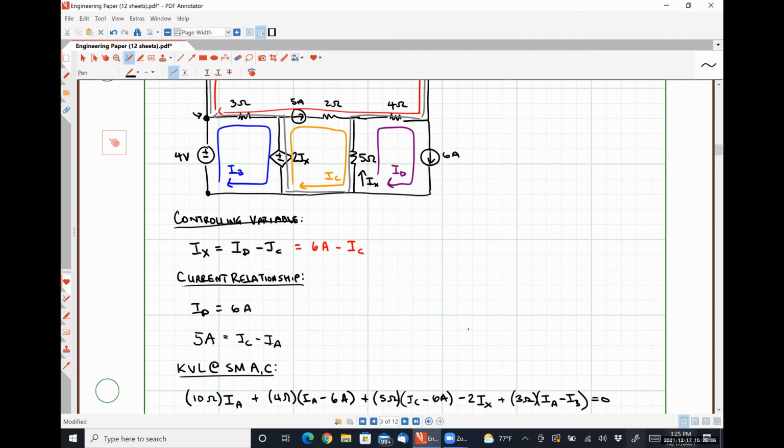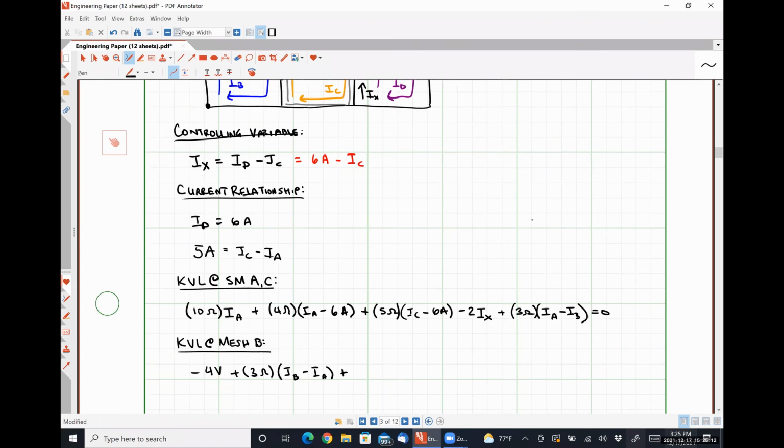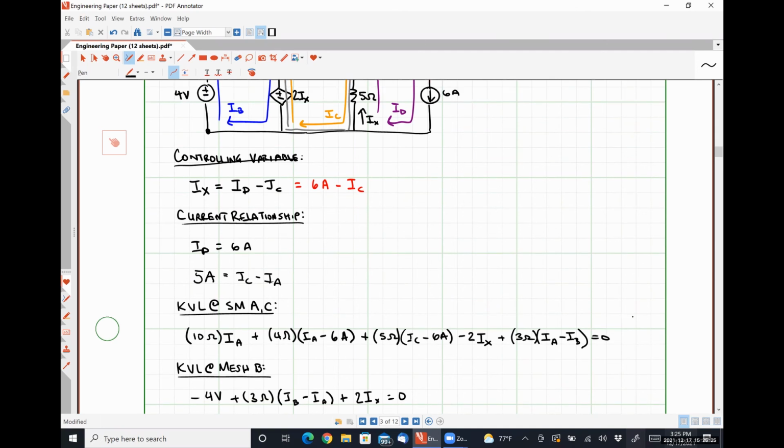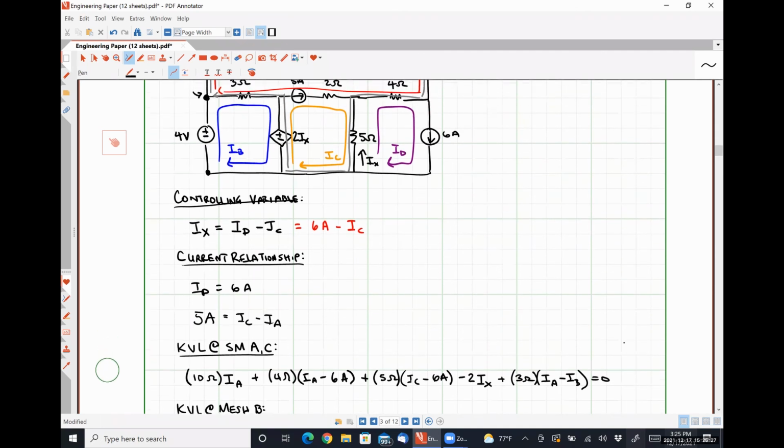Kennedy, what's next? Plus 2IX, because we see the positive polarity terminal of our voltage source next. So equal to 0. All right, so let's look at things real quick here, right?